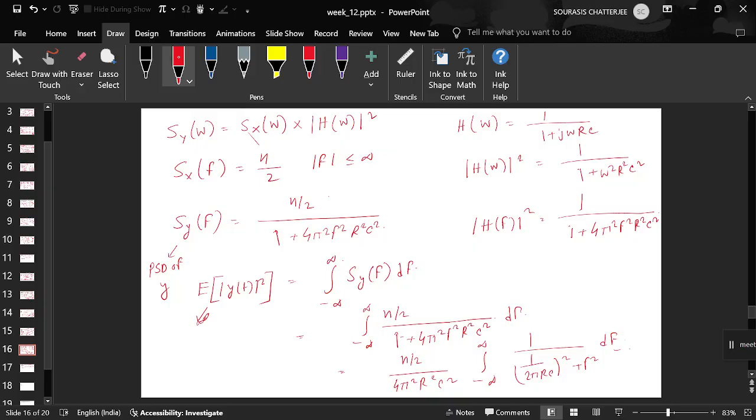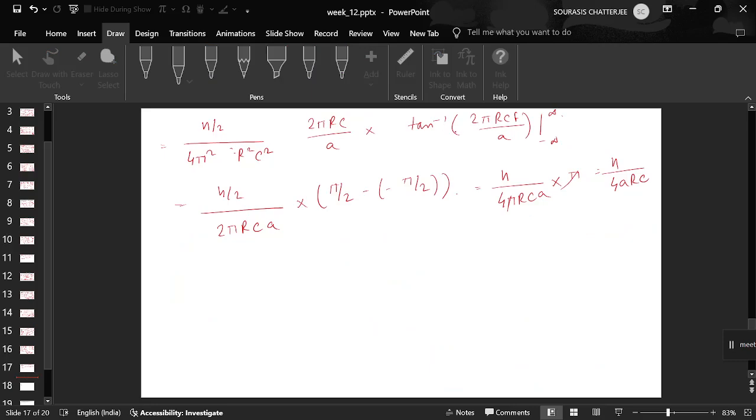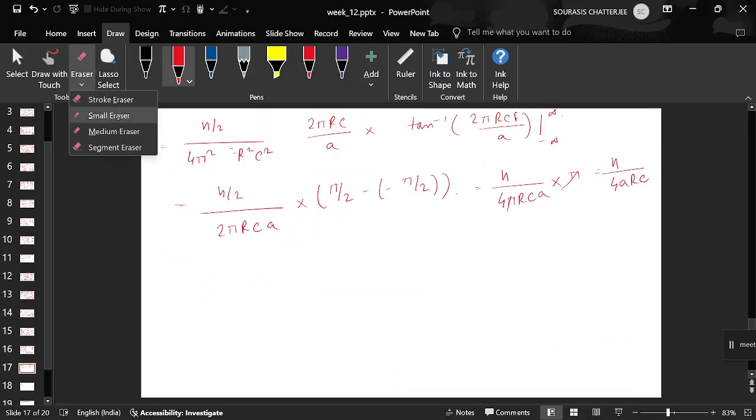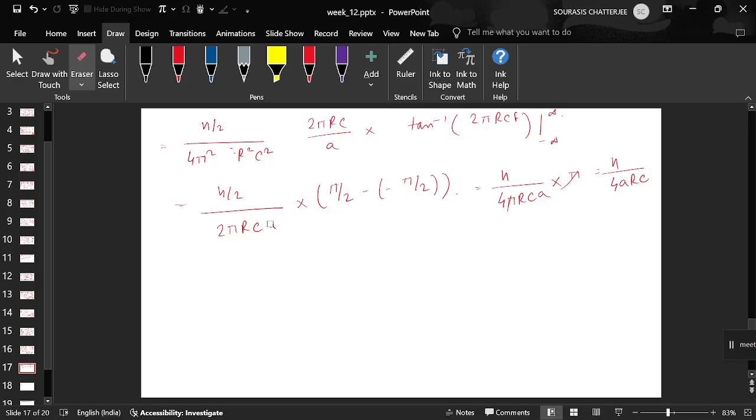Okay, now it's good: eta over 4RC, so that is what the power of y(t) is.